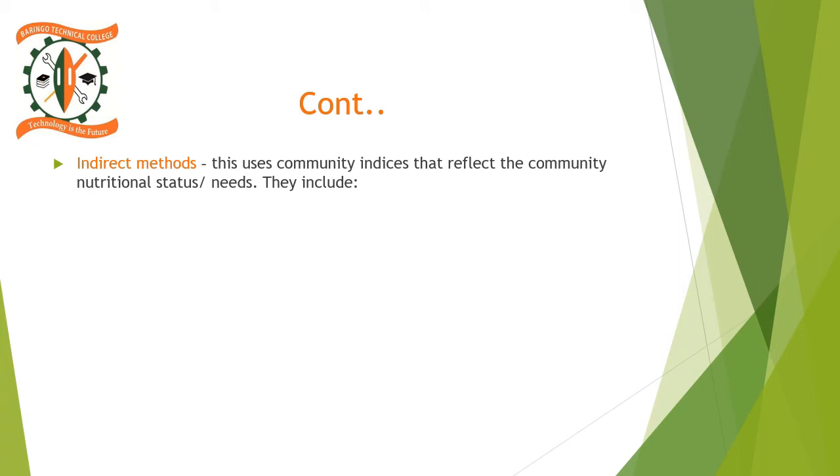The next category of techniques is the indirect method. This uses community indices that reflect the community's nutritional status or needs. They include, one, ecological variables, for example, agricultural crop production or crop yield.